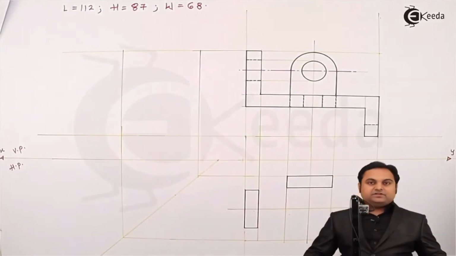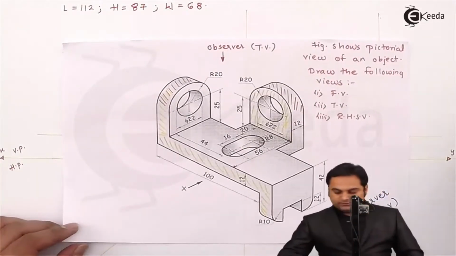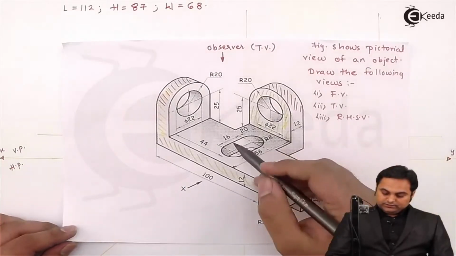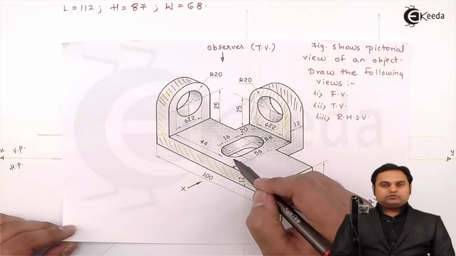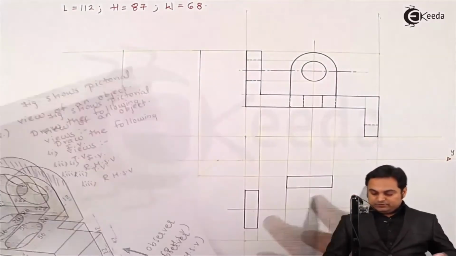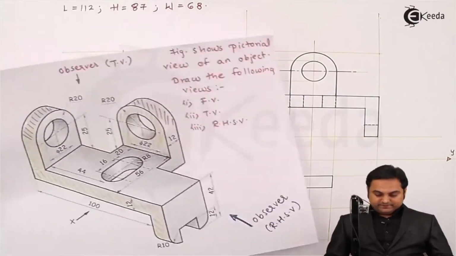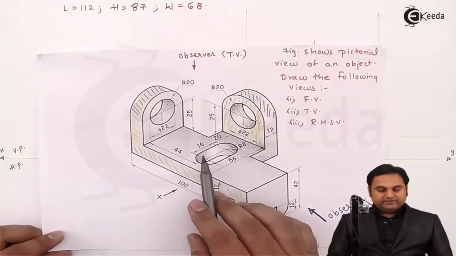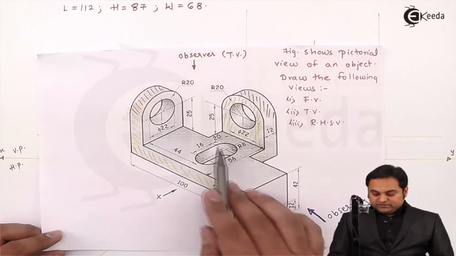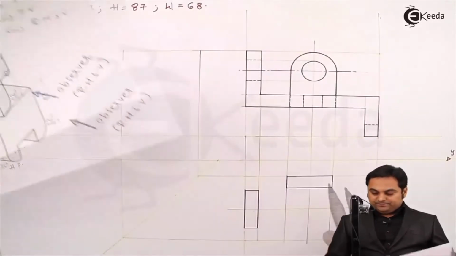So these two plates are visible. As I look from the top, this groove or cut is also visible. So I'll be projecting its center, which is already there. And here, as explained in the front view, the length of this cut corresponds to 16 mm.